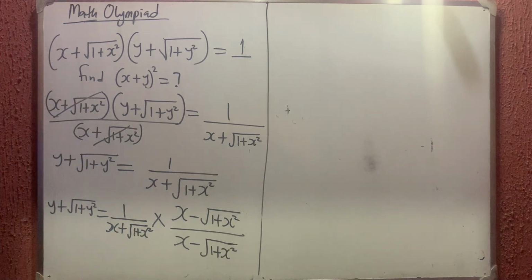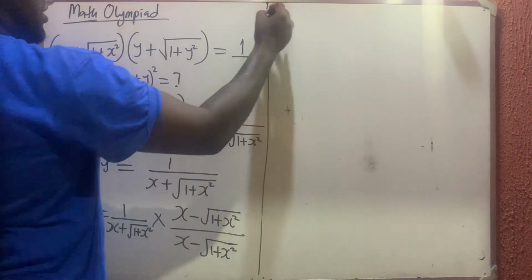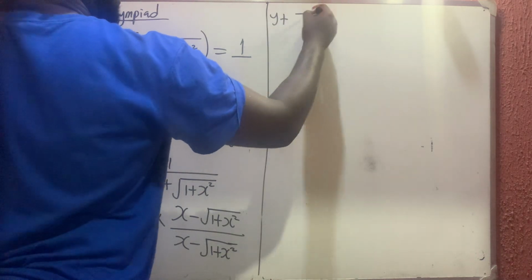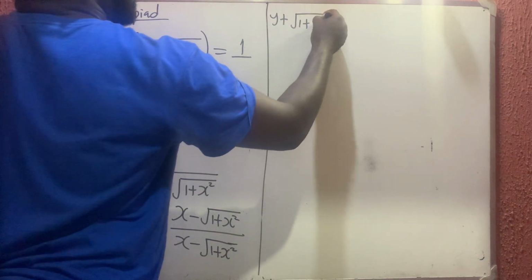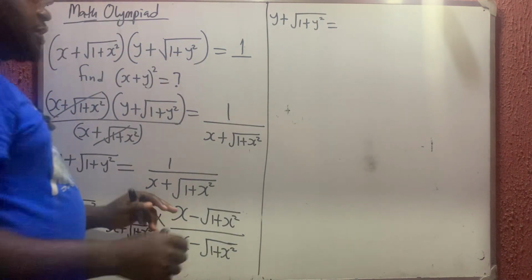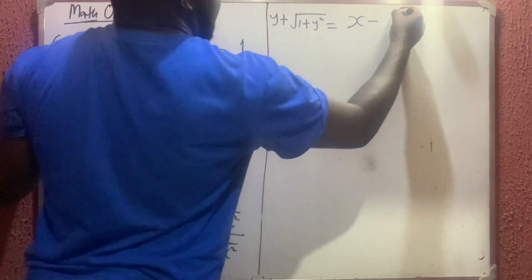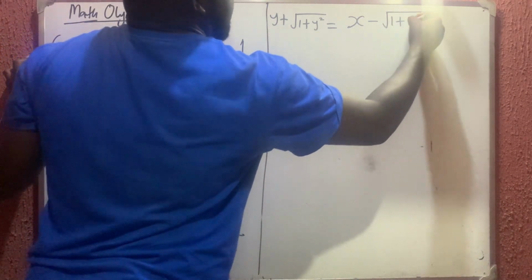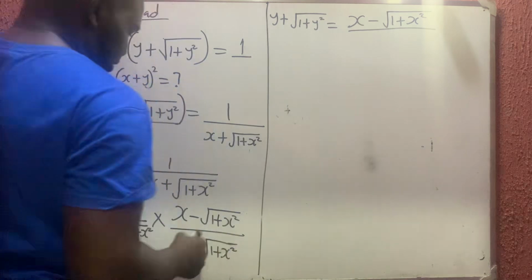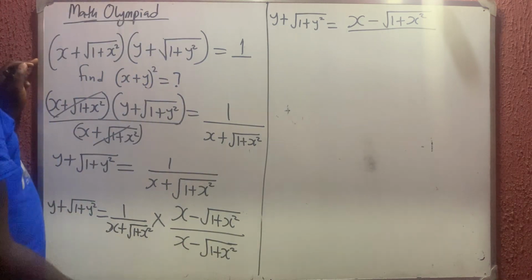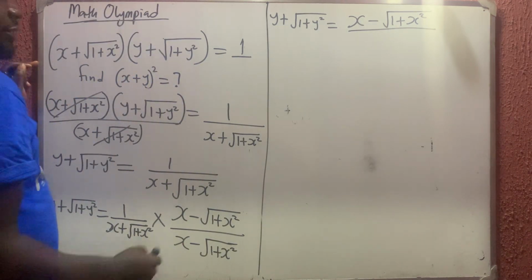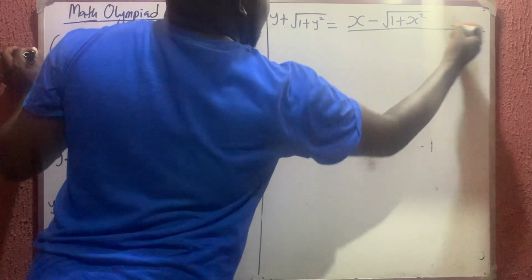Okay, so now this is going to give me y + √(1 + y²) is equal to 1 times anything is the same thing, which is x − √(1 + x²) all over. Now this one multiplying this one is the difference of two squares. Let me put it together so that you see what I'm trying to say.